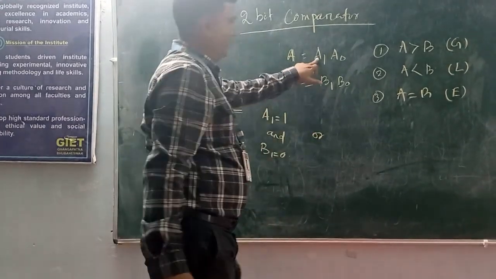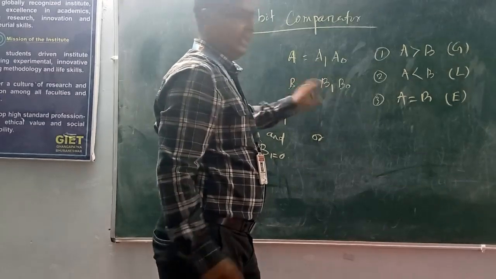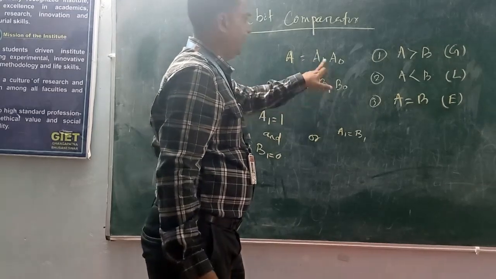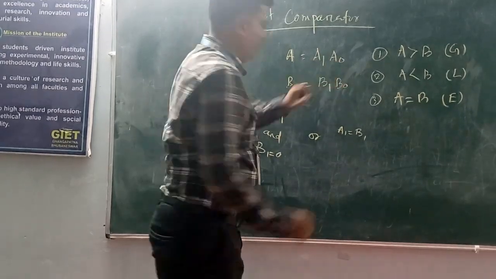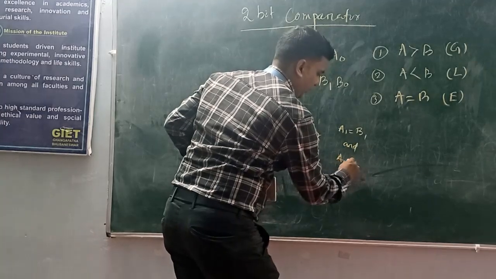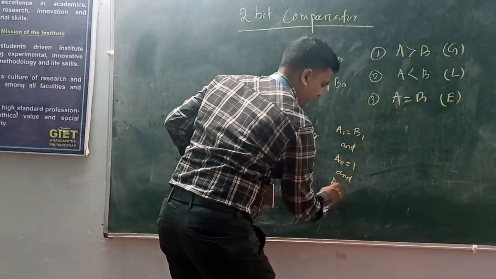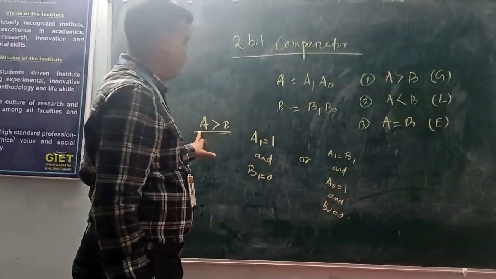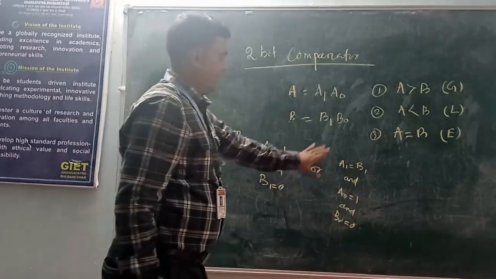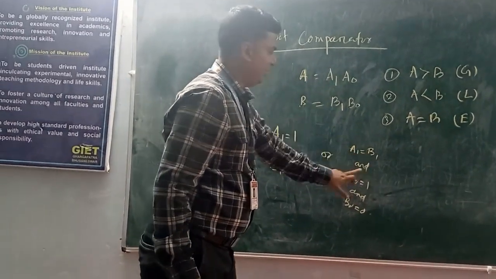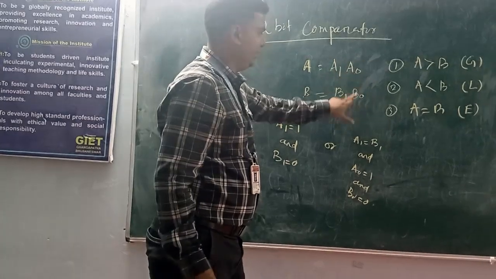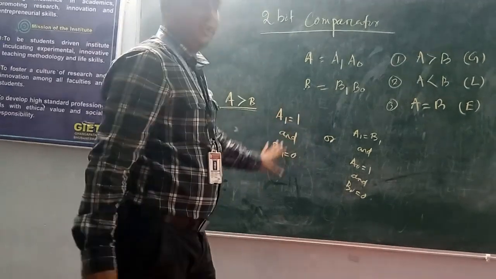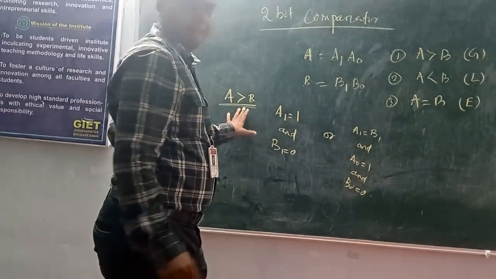Or if both the bits are the same, suppose A1 equals B1, that is also possible. Then we will go for the next bit: A0 will be 1 and B0 will be 0. So this is the condition when A is greater than B.